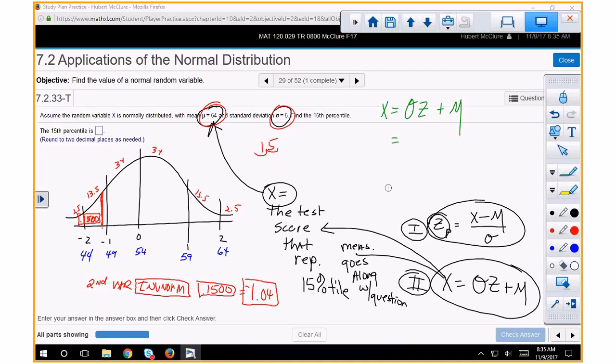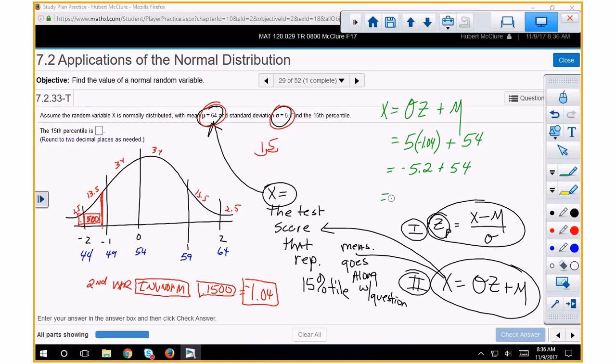Okay? 5 times z, negative 1.04, plus 54. And that's going to equal negative 5.2. Somebody check me. Negative 5.2 plus 54. And that's going to be 48.8.